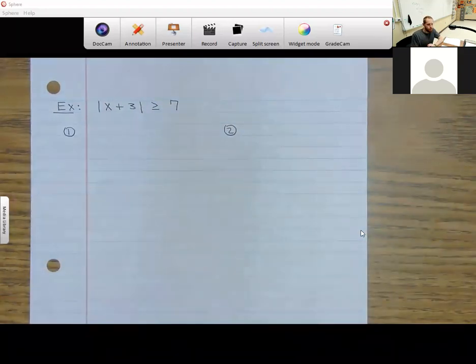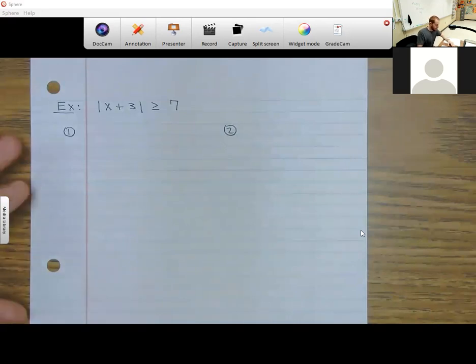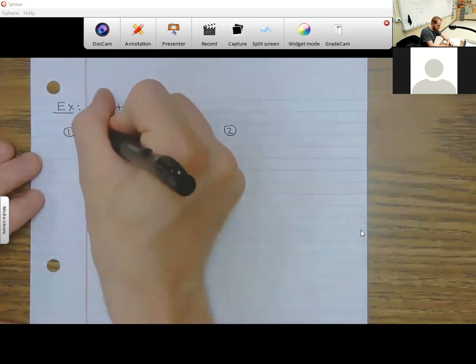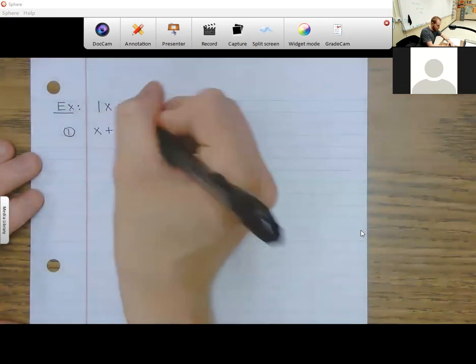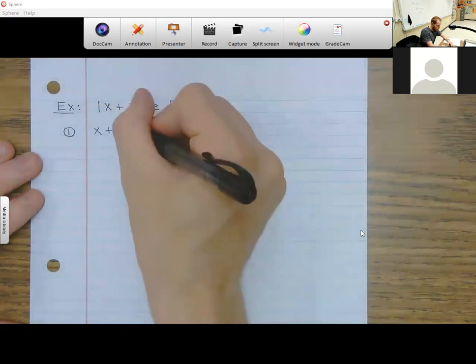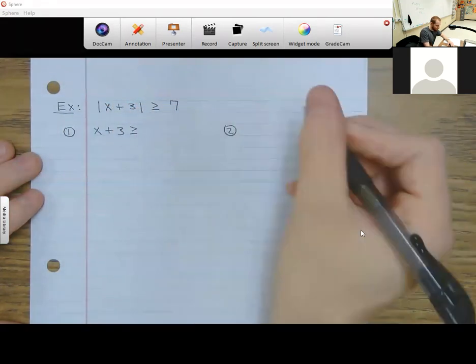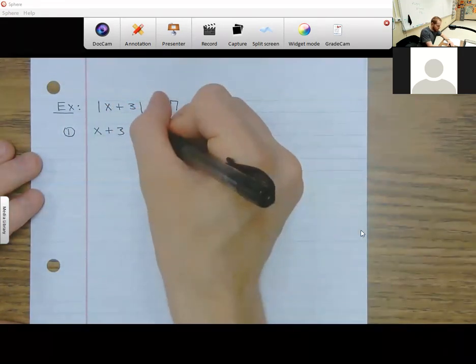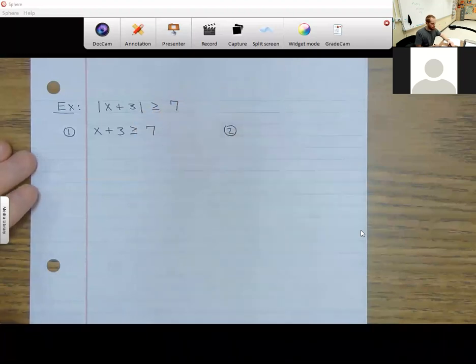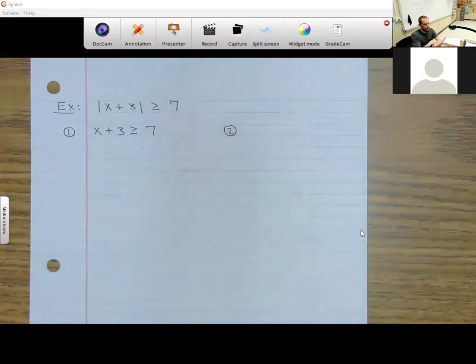So for the first solution, I want to keep everything the same, every single thing. So the x plus 3 is going to stay the same. The greater than or equal to, that's going to stay the same. And the 7 is going to stay the same. Everything stays the same. So that's the first solution.